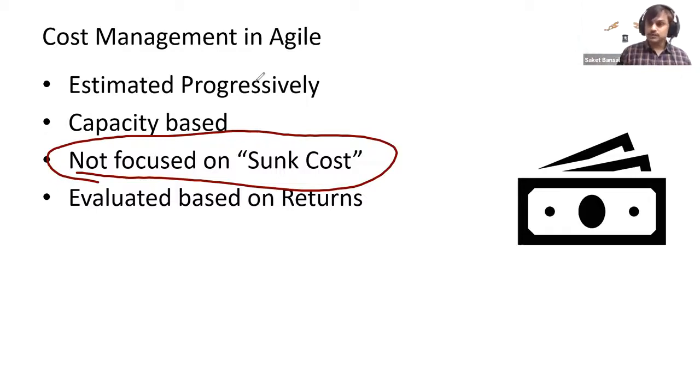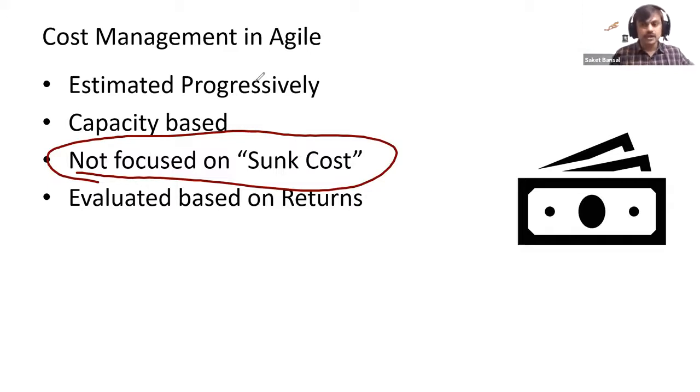So your project was approved for 10 million. After 5 million, you may decide to stop the project because you don't see the remaining 5 million adding value in this project. There is another project where if you can invest 5 million, it can give you better results. So you don't worry that you have already spent 5 million here, because you want to make the best use of your remaining 5 million. So that's the costing and budgeting approach, which is dynamic in nature and is expected in the agile way of working.